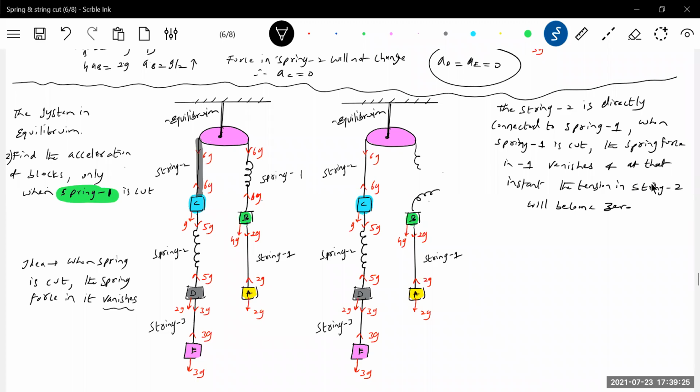Though tension is 0, it will remain straight. Sir, is it taut? No, just straight.